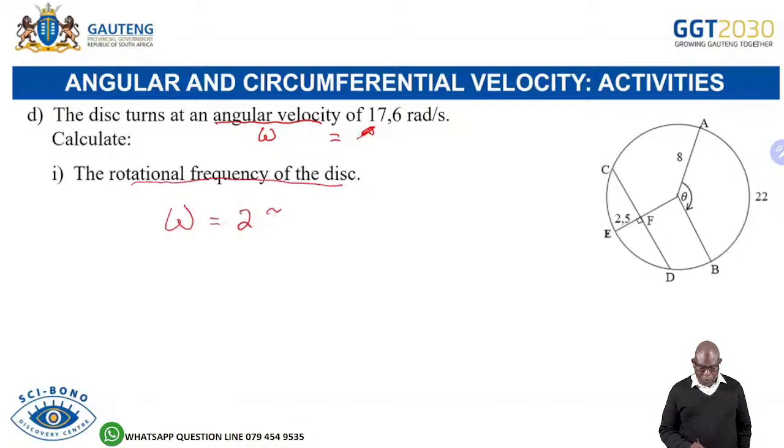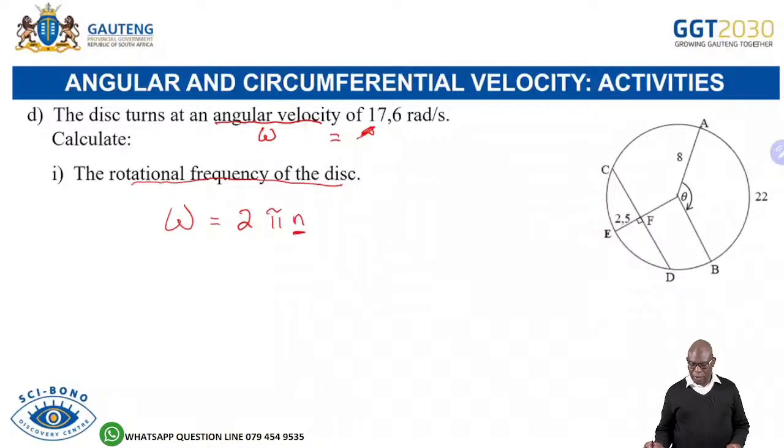The formula is 2 pi n. What they're looking for is the value of n, the rotational frequency. Sometimes you find that the formula is 2 pi f, and the f stands for the frequency, which is the same as the rotational velocity. You find when you Google that the formula for omega, 2 pi f, is the same as 2 pi n.